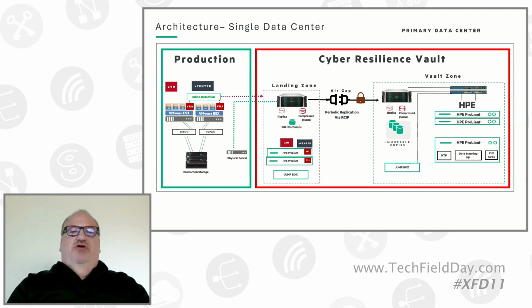You'll notice below those two ProLiant servers is a third one. We put that in there to be available. It's a standalone ESX host for it to run services that may be required in the vault. So it may be running scanning services for the physical workloads, if the customer wants to scan their physical workloads once they get in the vault.